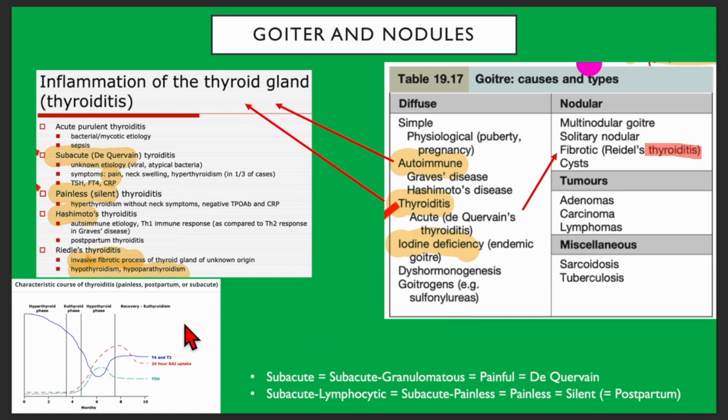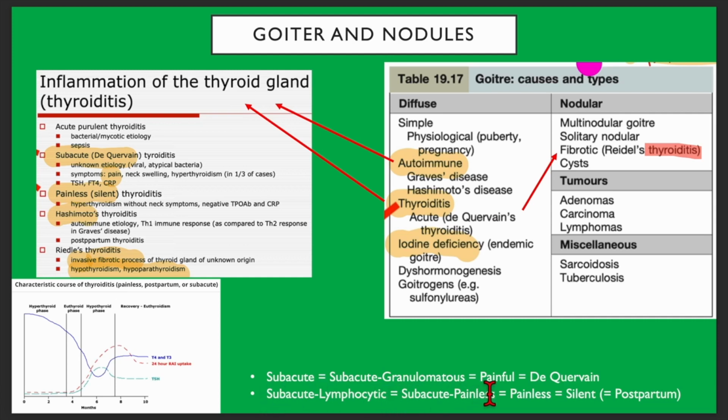And then we have two subacute thyroiditis. The one is called, these are all synonyms, the De Quervain one, the painful one. Subacute granulomatous, or just subacute. Some people, when they say subacute, they directly mean De Quervain. Or it can be the other subacute thyroiditis, which is called subacute lymphocytic.